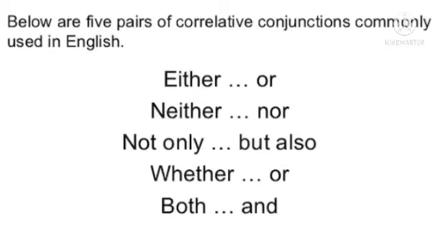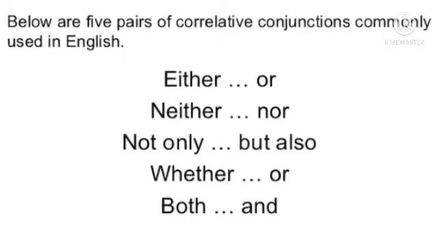There are five pairs of correlative conjunctions commonly used in English, and they are either or, neither nor, not only but also, whether or, both and.